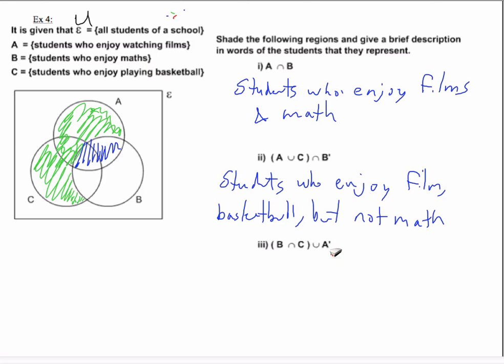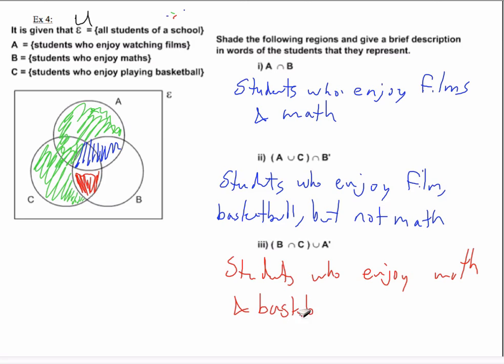B and C is right here, and not in A would be this little section right here. So this is students who enjoy math and basketball, but not film.